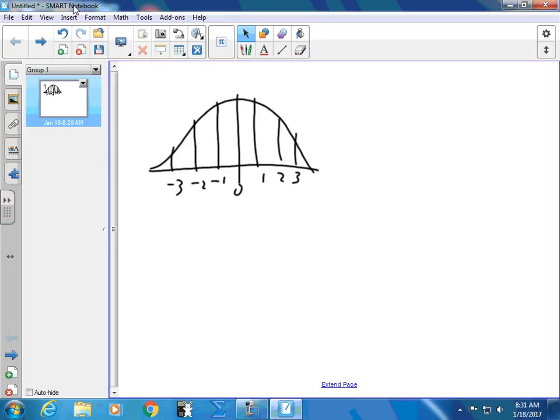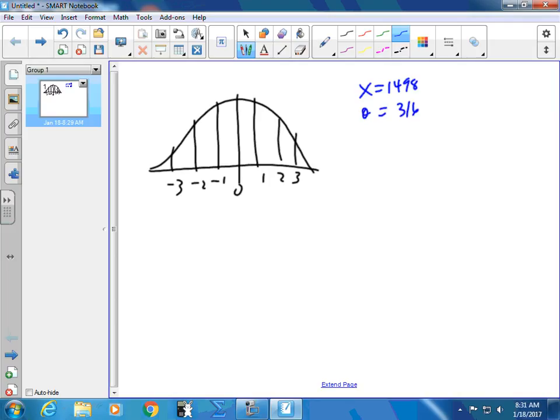SAT scores is an exam used by colleges and universities to evaluate undergraduate applications. The test scores are normally distributed. That line, they will always tell you, so that we say, oh, normal curve. The mean for a recent year, we're going to put it over here, is 1498 with a standard deviation of 316.